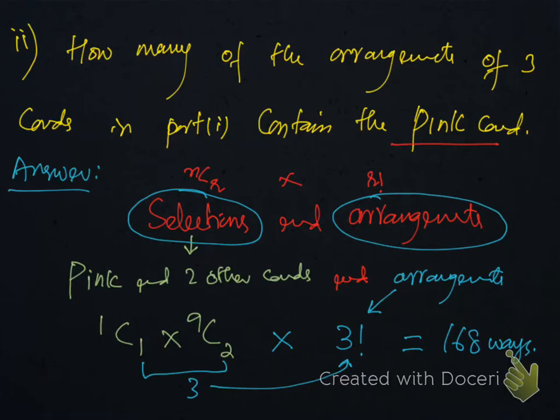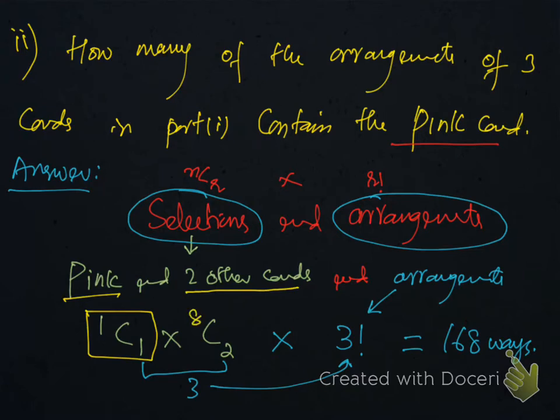Since we need the pink card, there is a restriction with the pink card. The selection must contain the pink card. So 1C1 is for the pink card. Since we need 3 cards altogether, we need 2 other cards from the remaining 8 cards. Let me correct this 9. This is basically 8.